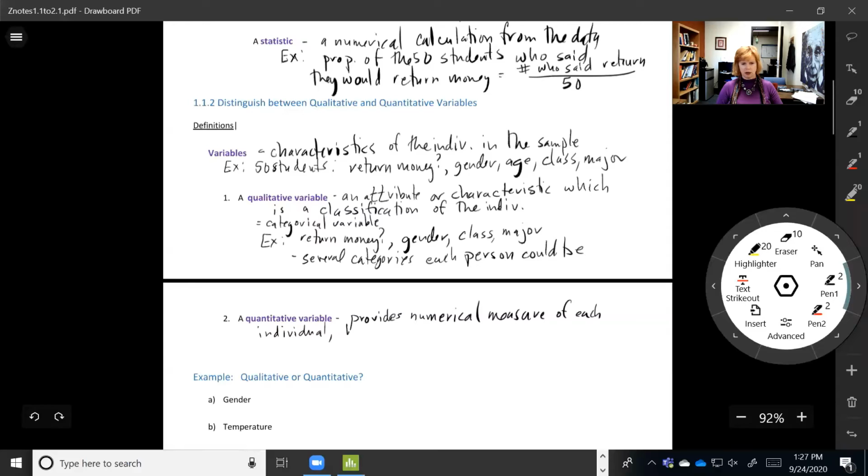Right, and it's going to have units. All right, above here, remember age, I said that this is a quantitative variable, and its units are in years.